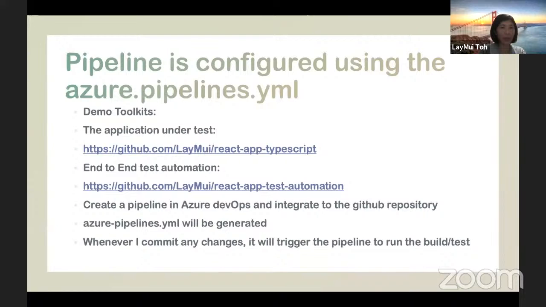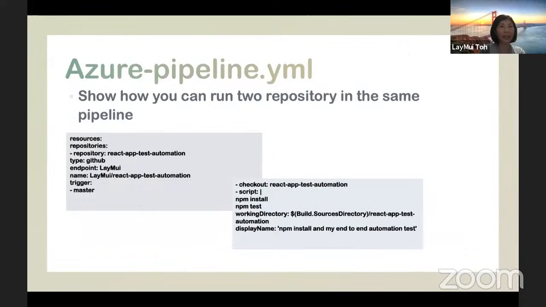So when you create the pipeline in the Azure, it will integrate into the GitHub repo. And then this YAML file will be generated. So whenever you commit your change, it will trigger this pipeline to run your test. So just run through the next few slides to show how the Azure pipeline YAML file looks like. So you can actually configure the same YAML file to have two repositories.